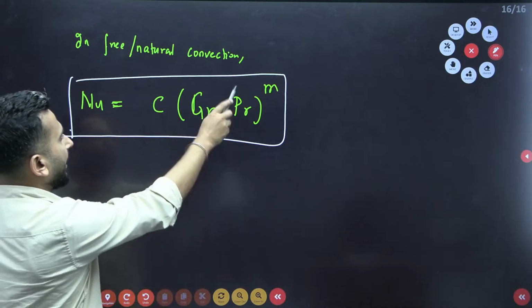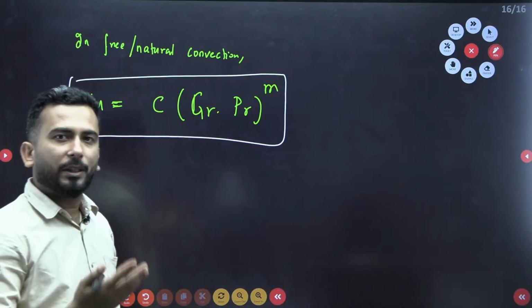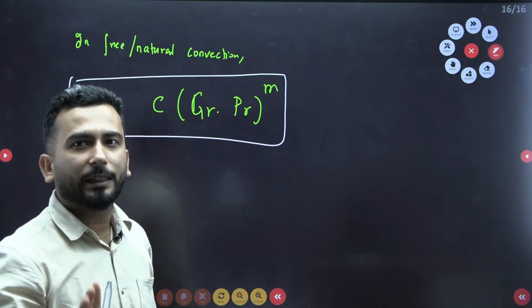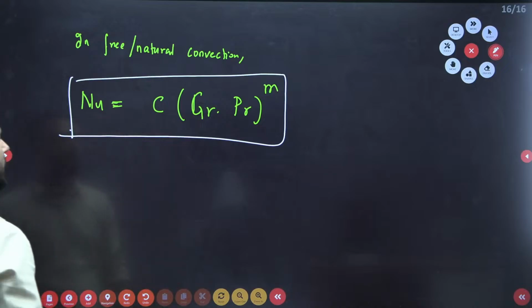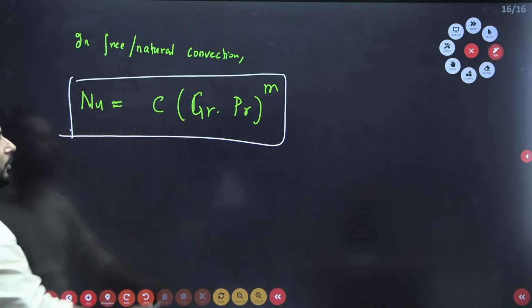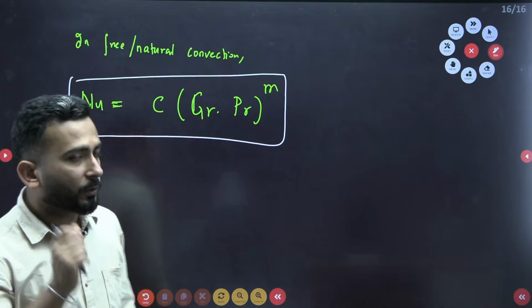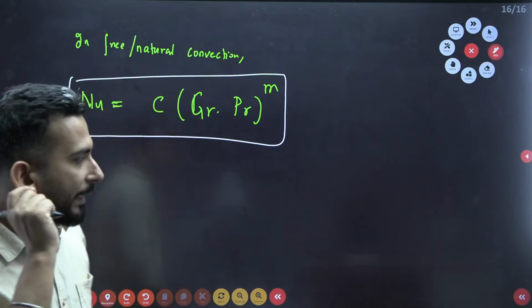So C and m will have different values, and it will be given in the examination. Based on the question, they will give you the C and m values, and the product of Grashoff's and Prandtl is also known as Rayleigh number.